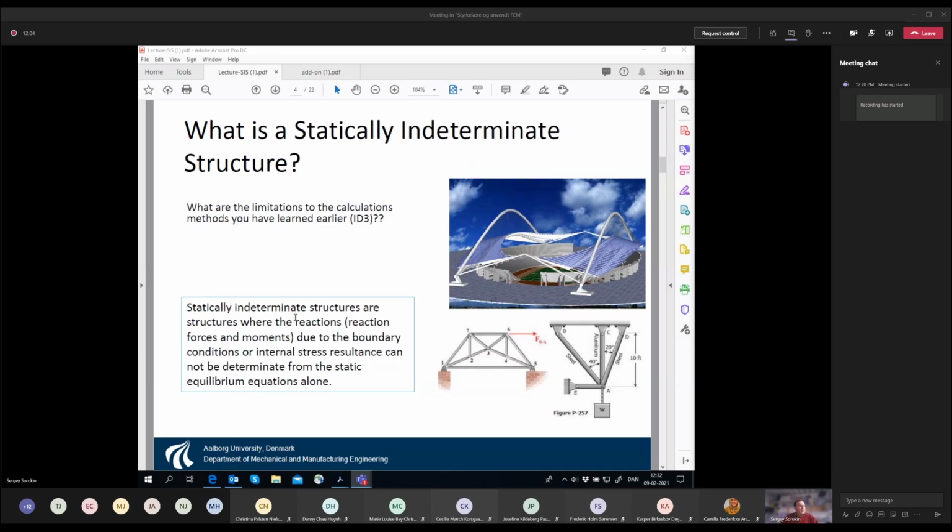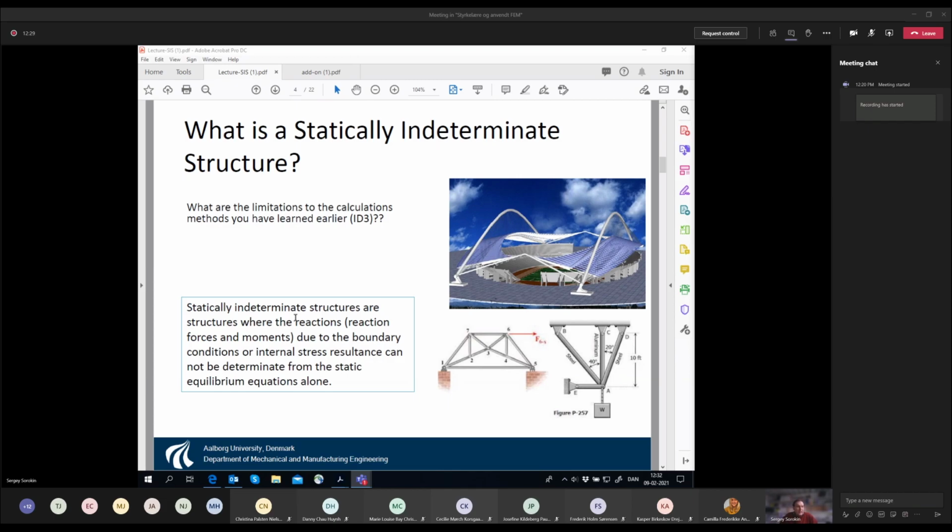And then first of all, what is this about, these statically indeterminate structures? And the answer is very simple. In real life, as you can see from these pictures, we have a lot of what is called redundancies in the structure. So we have a lot of members which are interconnected.